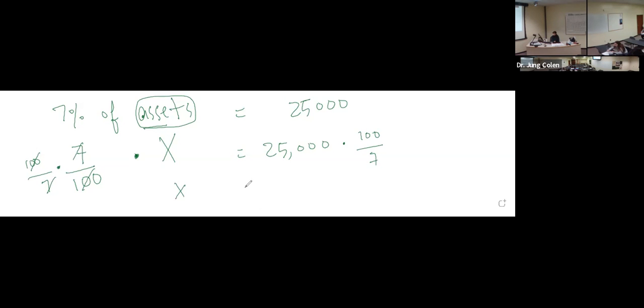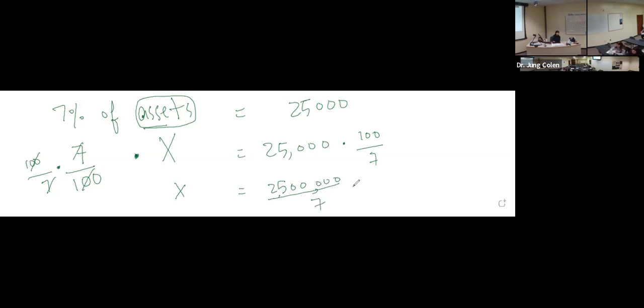Right? Okay, now what's on the right hand side? We have 2,500,000, which is, what is it, 2 million? One, two, three. So 2,500,000 divided by 7. Can anybody solve this for me?